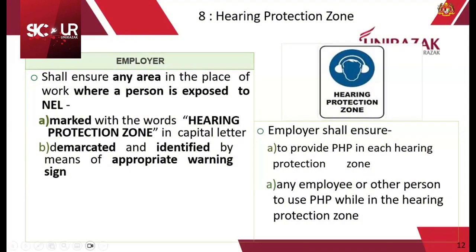So normally kita punya warning sign adalah berbentuk macam ni lah, warna biru dan juga kepala yang pakai earmuff. So itu adalah notification untuk hearing protection zone. Employer shall ensure to provide PHP in each hearing protection zone. Any employee or other person shall use PHP while in the hearing protection zone.